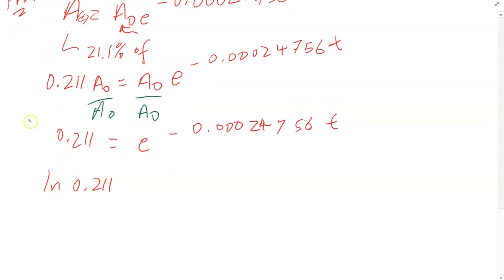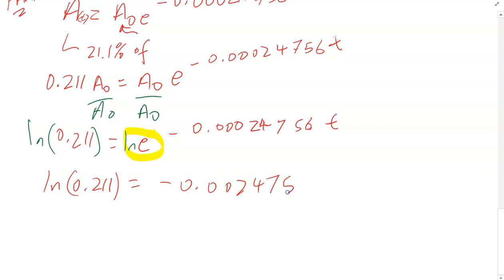We take ln of both sides, so we have ln of 0.211 equal to ln of e, but ln undoes our e. So ln 0.211 equals negative 0.000245756t.